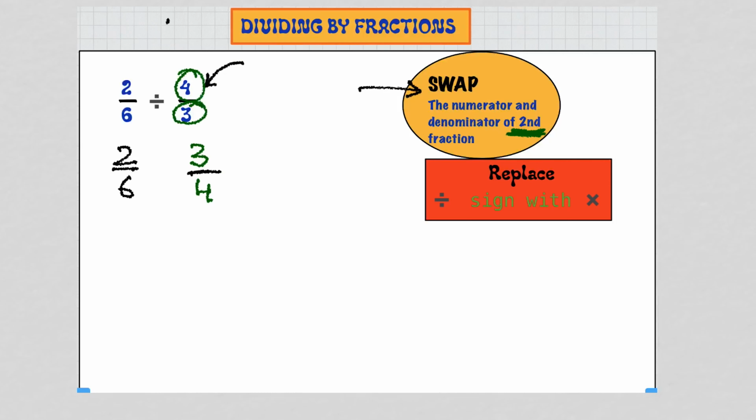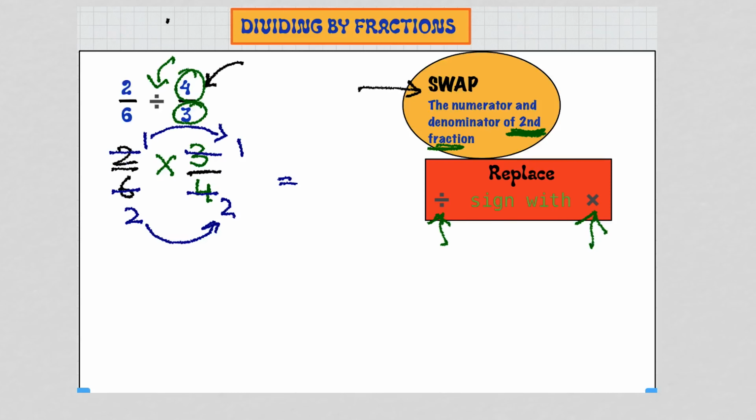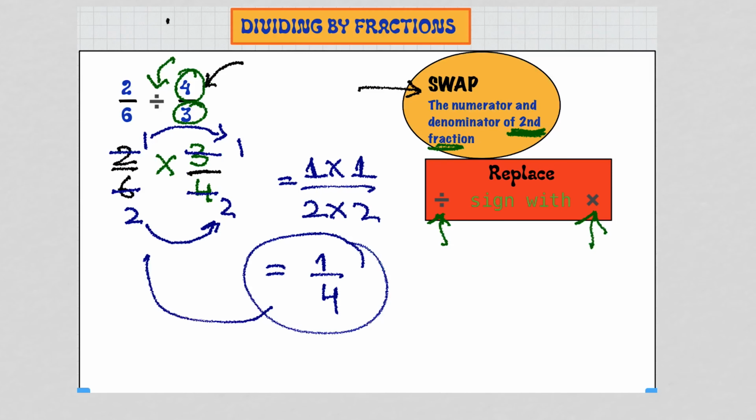Yep, so 4 over 3 becomes 3 over 4, and then change this division sign to multiplication sign. After that, you have just two fractions which are timing with each other, and just follow the rule of all the multiplication of fractions timing, and then easy peasy, lemon squeezy.